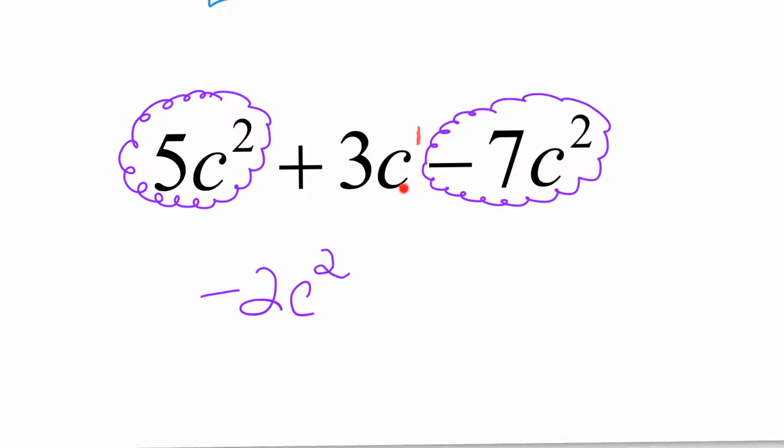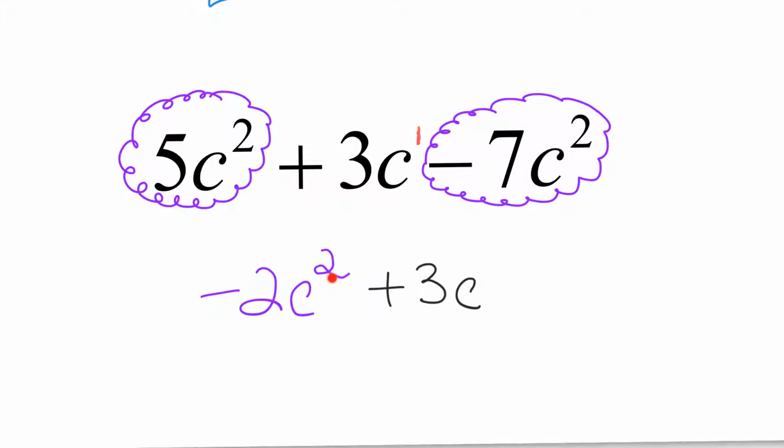Now this one here, plus 3c to the first power, is not the same as c squared. This one has a square, this one has an exponent of 1. So I'm going to bring down the plus 3c. I'm not going to put the 1, but it is an invisible 1. And guess what, guys? These two you cannot combine, add or subtract the coefficients, because they're not like terms.